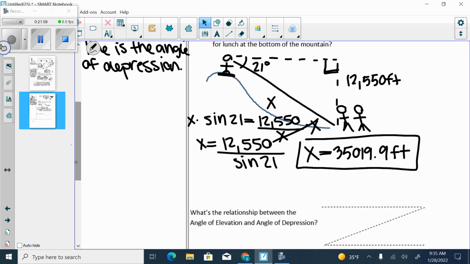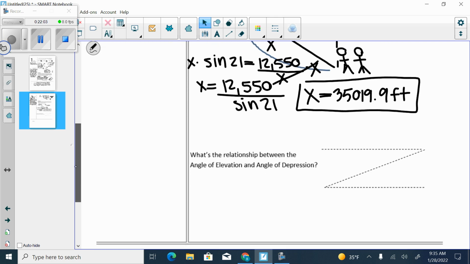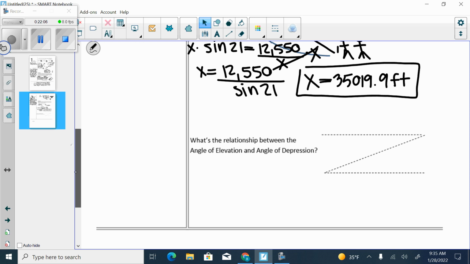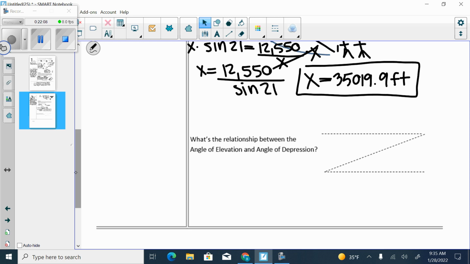All right. So now we've looked at an example with both elevation and depression. They want to know what's the relationship between the two. So what do they both have to have? A horizontal line. Very good. Okay.